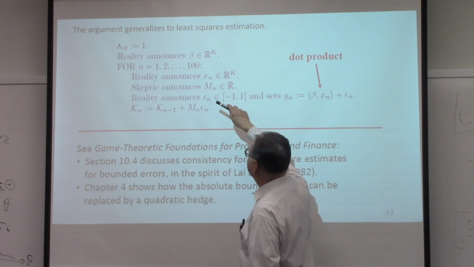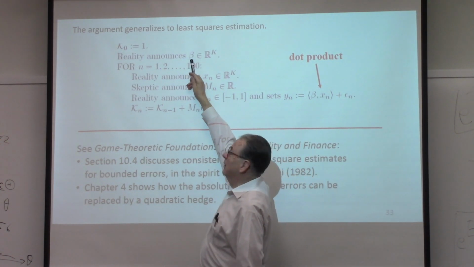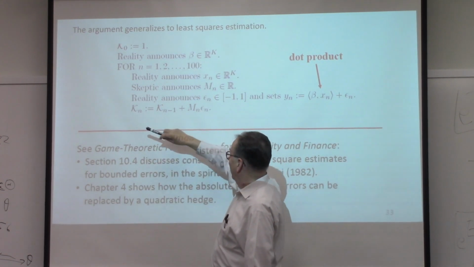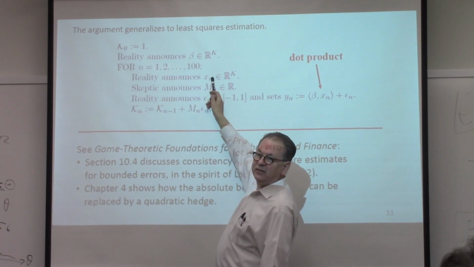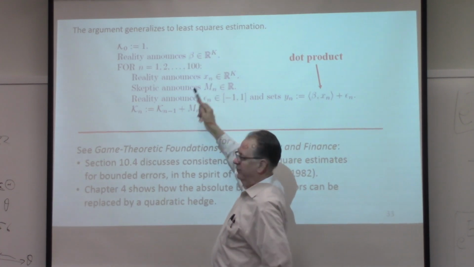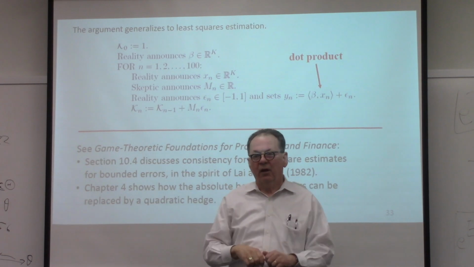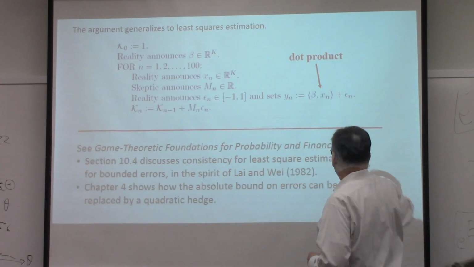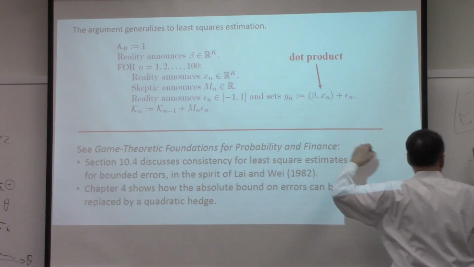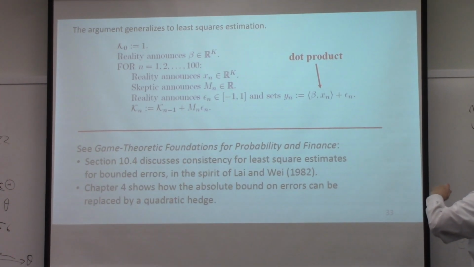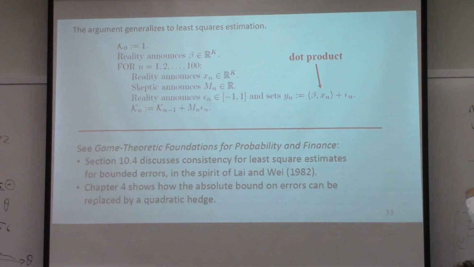Let's say the game is that reality announces a vector of regression coefficients. And then reality announces the independent variable. So this is a least squares problem. Y is equal to beta 1 times x1 up to beta p times xp plus an error.